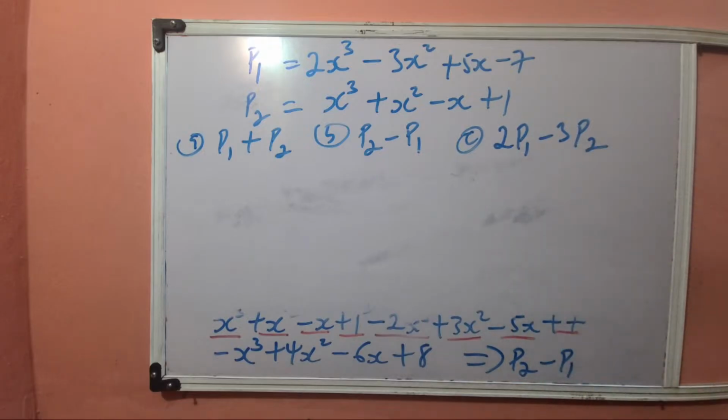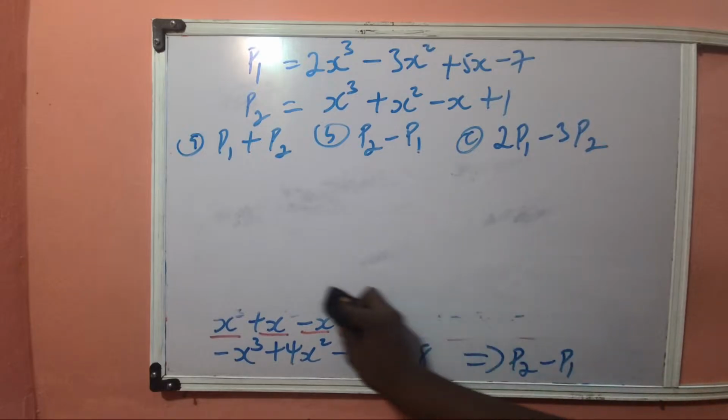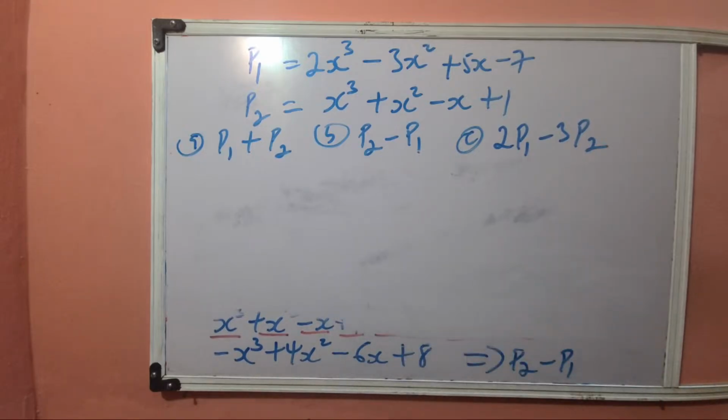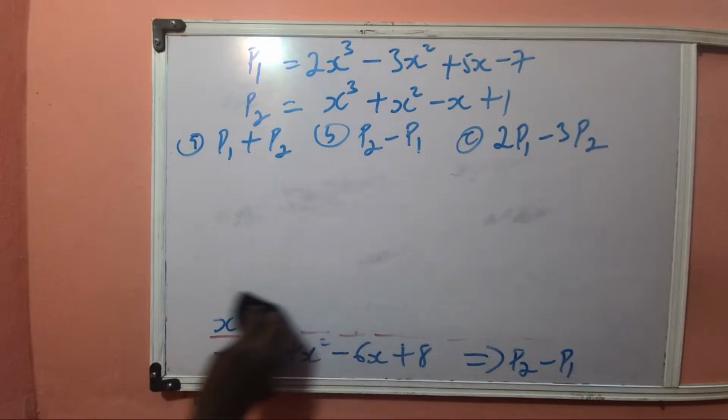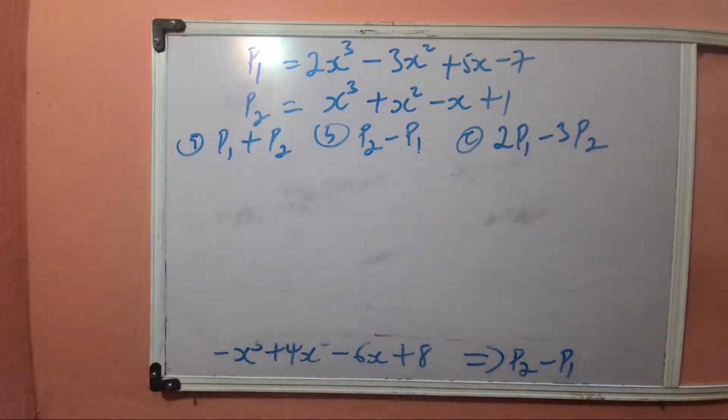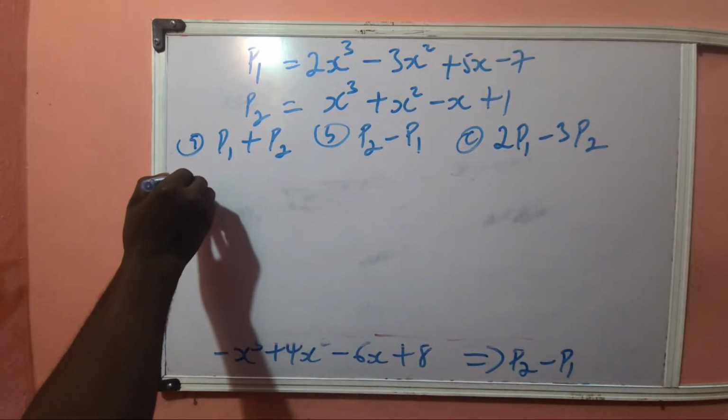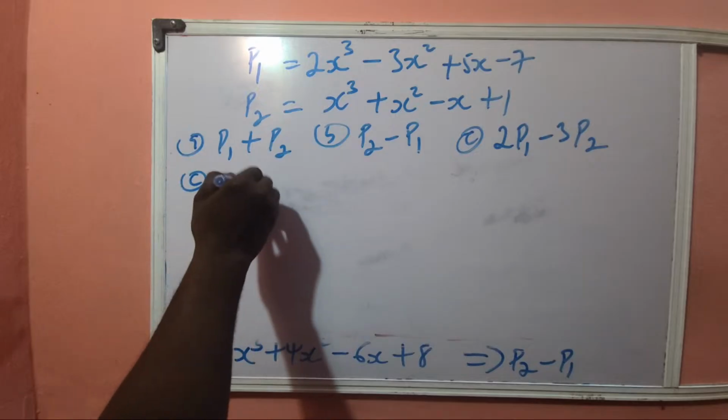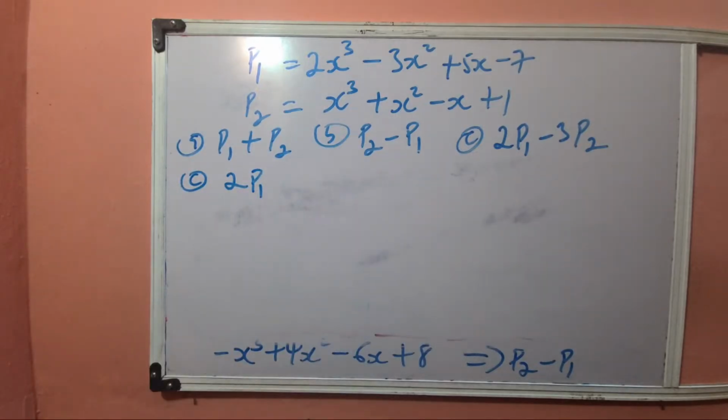So in this case now, let's try and find the first thing. That's 2P1. What's going to be my 2P1? So what you want to do when you have a question like this is you want to first examine 2P1.